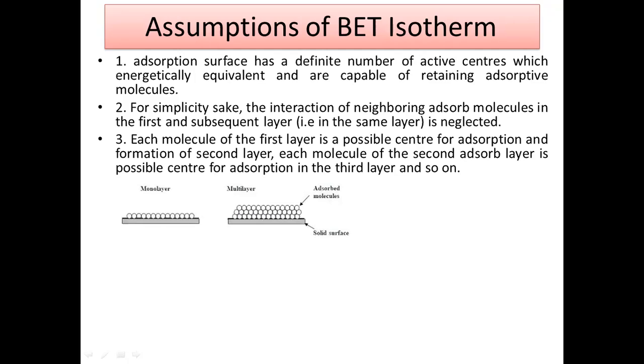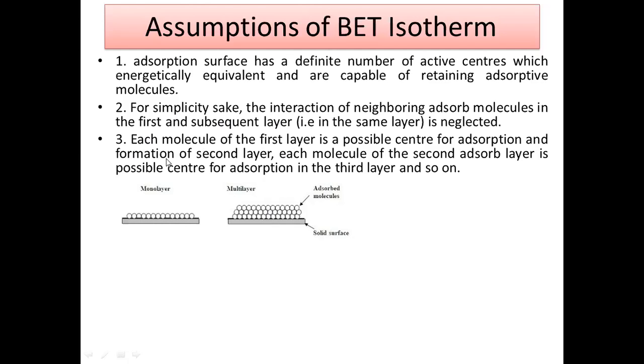The interaction between the adsorbate and the adsorbent is important, but here we assume that the interaction of neighboring adsorbed molecules in the first layer or the subsequent layers is neglected. If this is a molecule adsorbed on this surface, its interaction with the neighboring molecules is neglected. So we are only going to consider the adsorption between the adsorbate and the adsorbent. This is all about the second assumption.